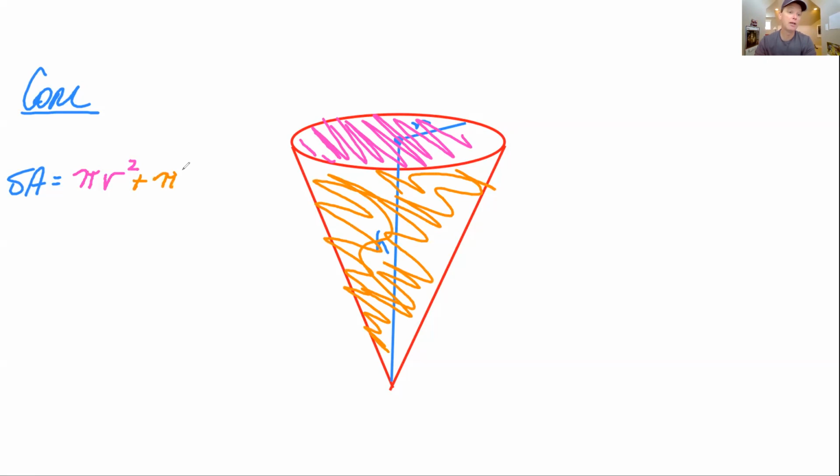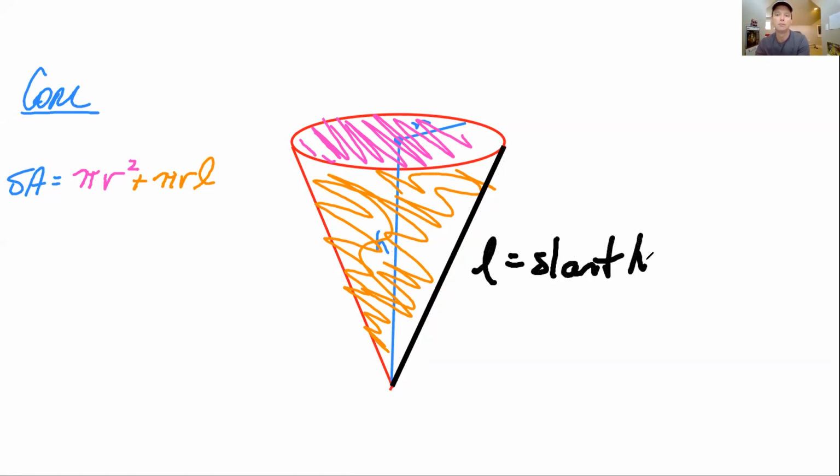It's pi r L. And I'm using L, some books and some references use different letters for that. But L is once again going to be this length right there. That's L, slant height. So I have height here, slant height there.